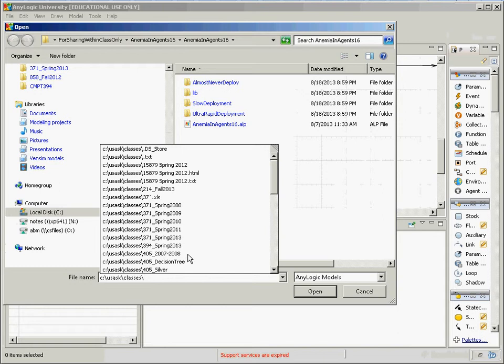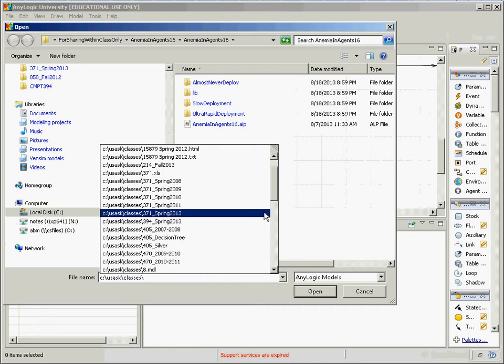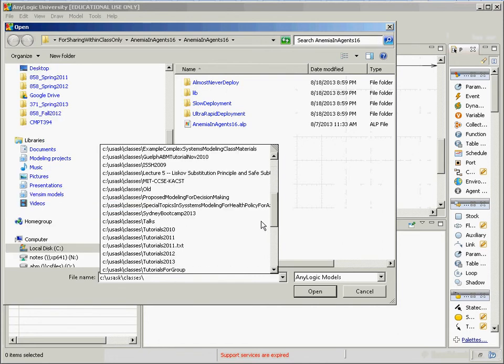So to help highlight such a model, I'd like you to go to the O drive, and I'll do the same here.